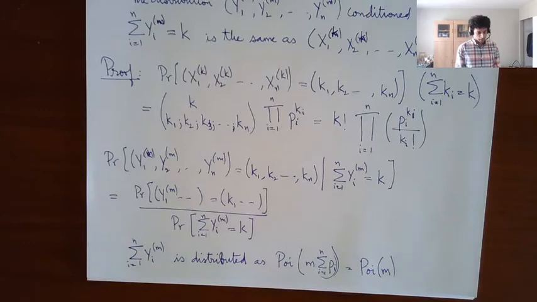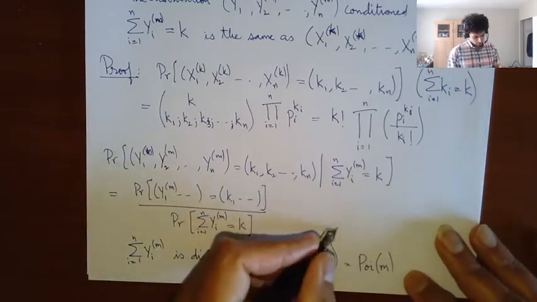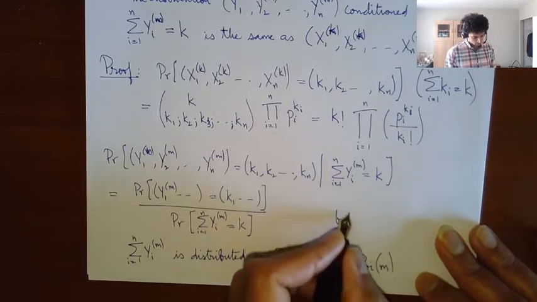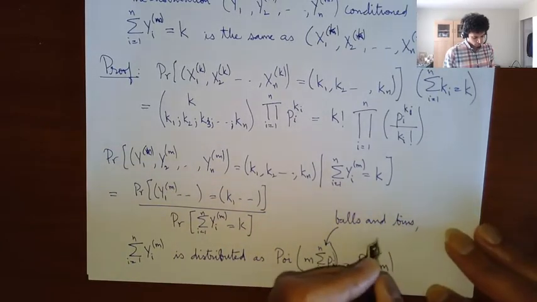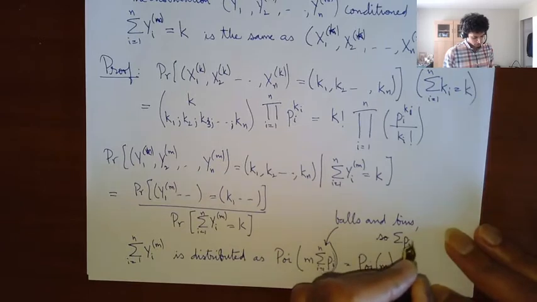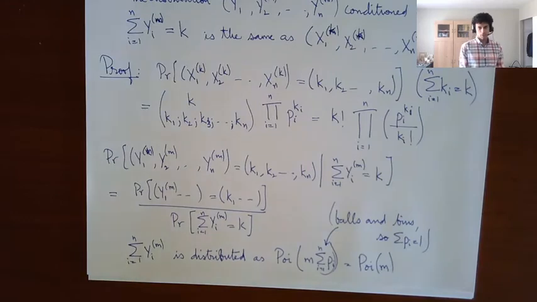And this is where I use the fact from the balls and bins that the summation of pi has to be 1, because each ball has to go into some bin, and so the sum of probabilities of each of the bins is 1.